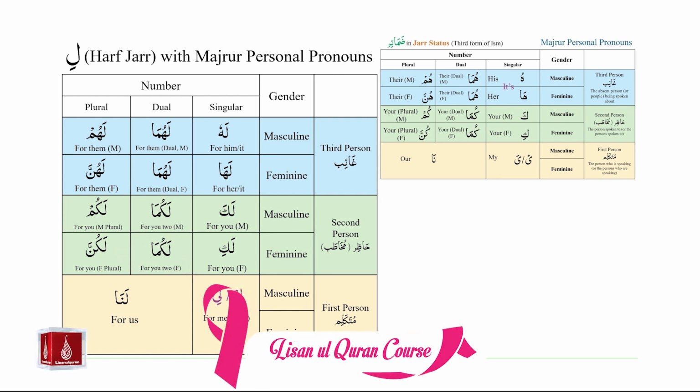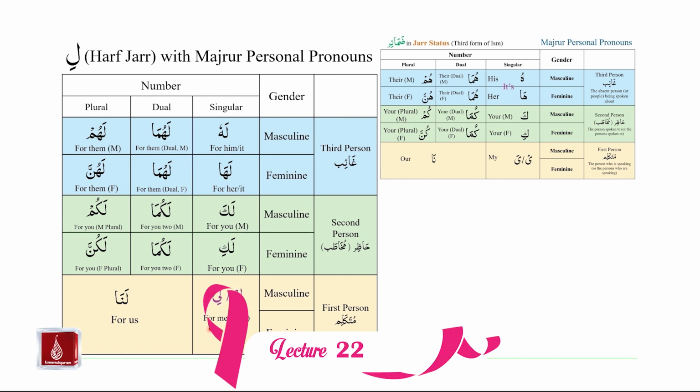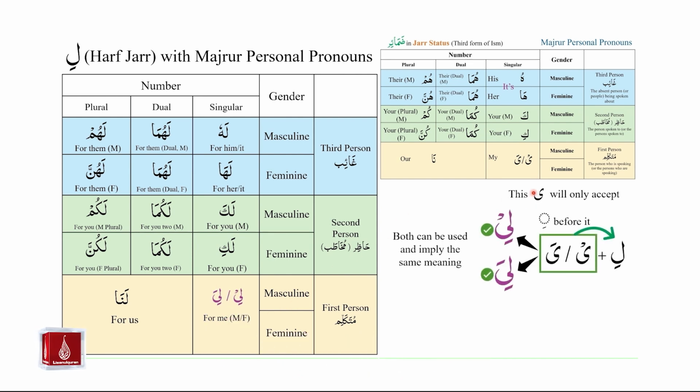In the first person category, for singular column, we have li or liya. In either case, it means for me, which is applicable both to masculine and feminine gender. Please note that we already know that this ya will only accept zair before it. So, in this case, we have Laam harf jar with zair underneath it, and we get two options.